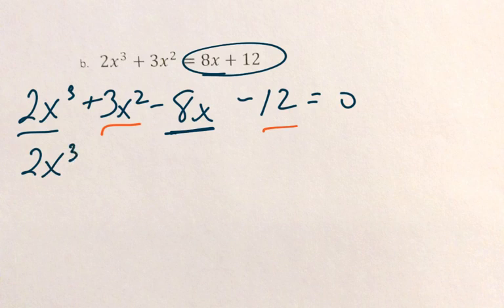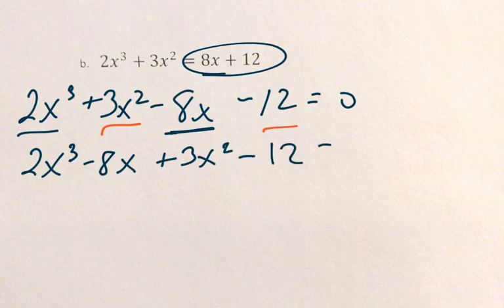So we have 2x to the third minus 8x plus 3x squared minus 12 equals 0. On the first pair, we're going to factor out the 2x. On the second pair, we're going to factor out the 3.